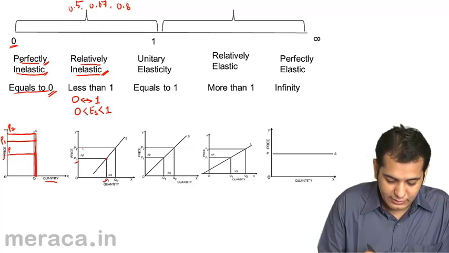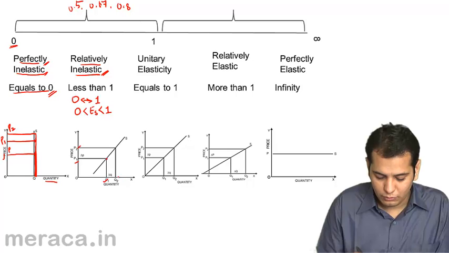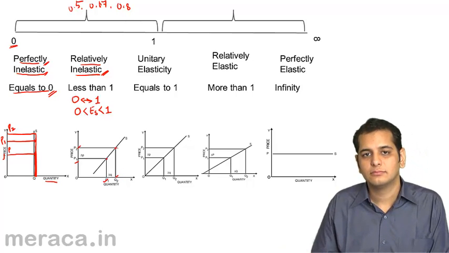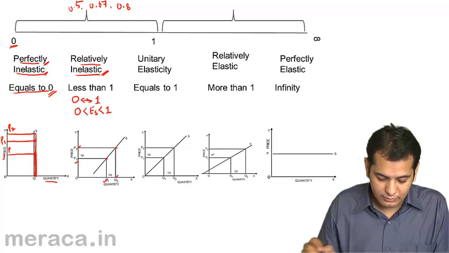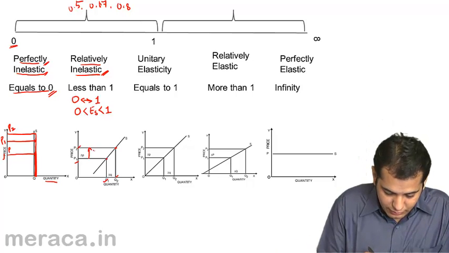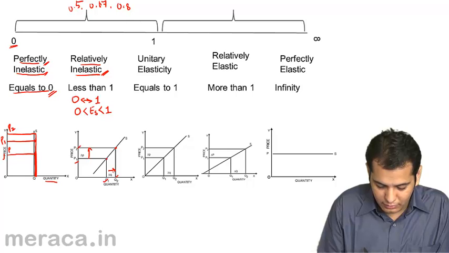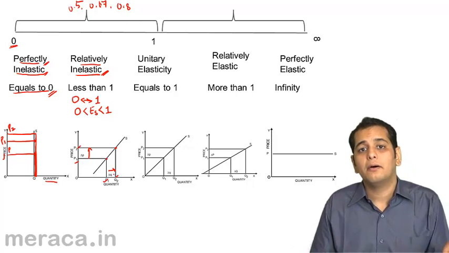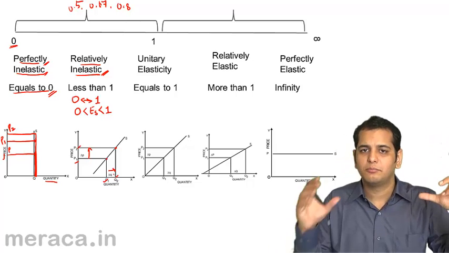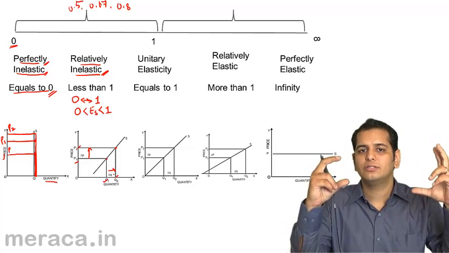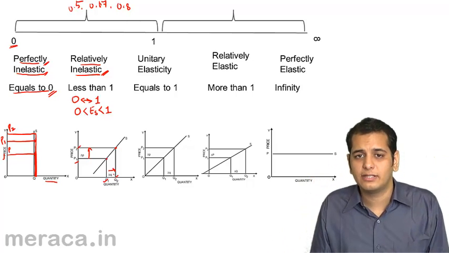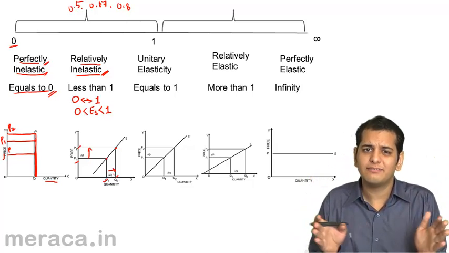And when the price rises to P2, quantity Q2 is being supplied. We see that the change in price is bigger than the change in quantity. So a bigger change in price brings a smaller change in quantity. And when this is the case, we say that the supply is relatively inelastic.